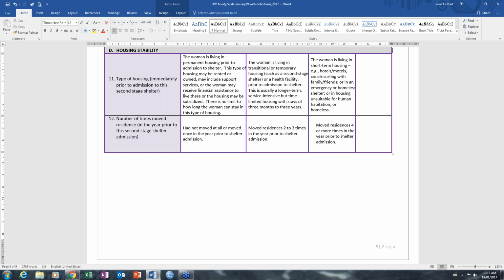She's had 2 moves in that period of time, right? One from the emergency shelter to her partner, and one from her partner to parents. And then moved residences 4 or more times in the year prior to shelter, we would add another move to somewhere else in that same situation.